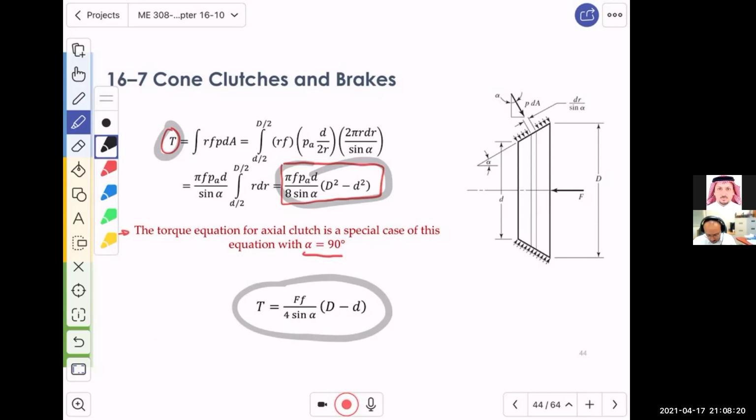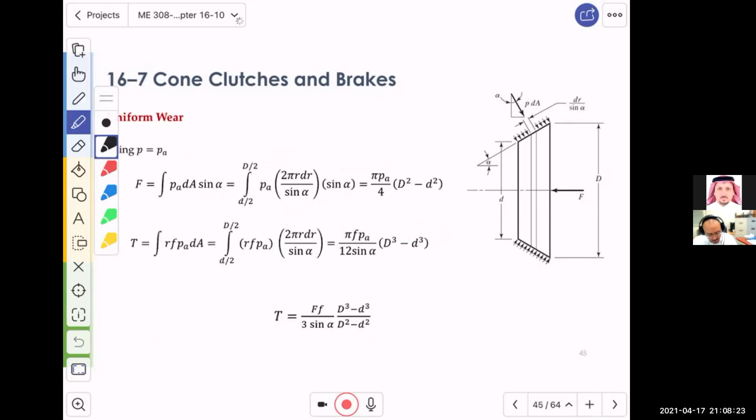Okay? Good. Now, let's repeat the same issue. Let's do the cone with uniform pressure. Here, this is definitely a typing mistake. This is supposed to be a uniform pressure, so I will try to adjust this in the slide.